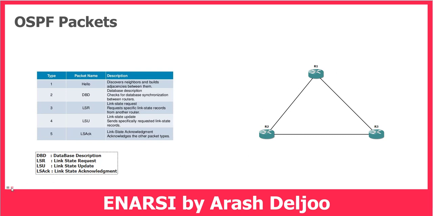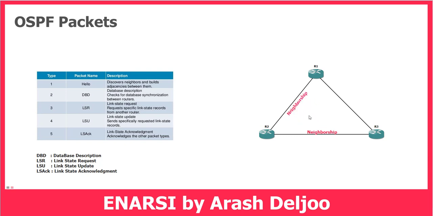In this scenario, we have R1, R2 and R3, and between them now we have adjacency. Actually, between router 1, router 2, router 2, router 3 and router 1, router 3, we have neighborship now. Because of that, we are assuming that neighborship occurred before our talking.